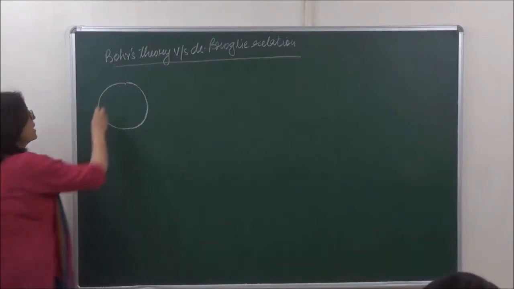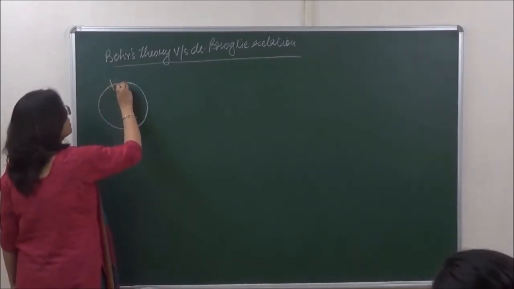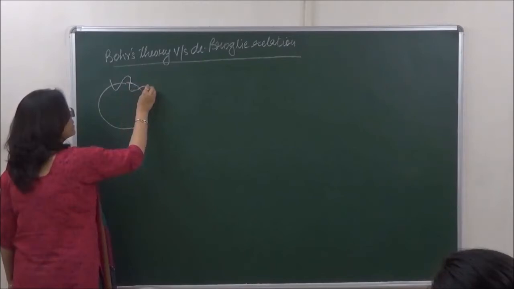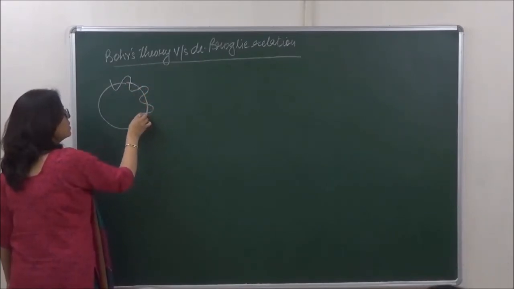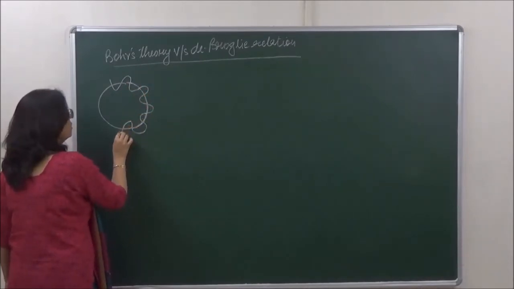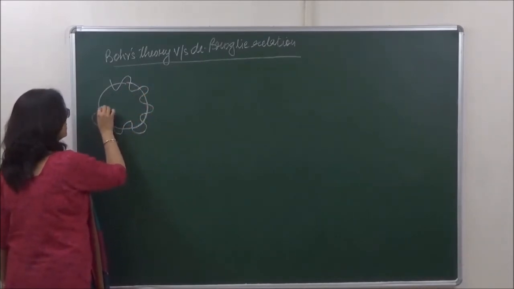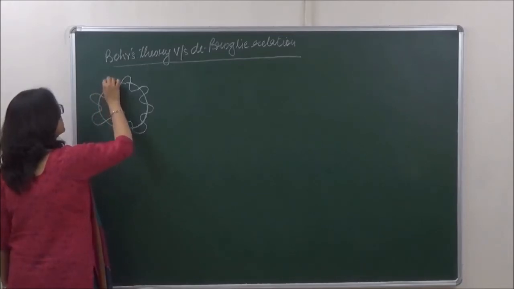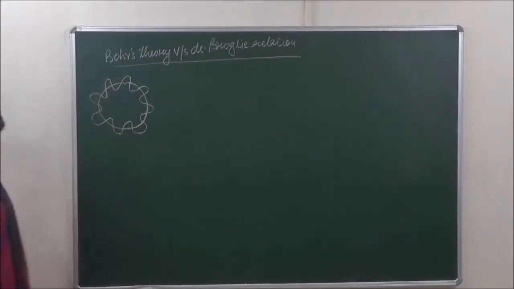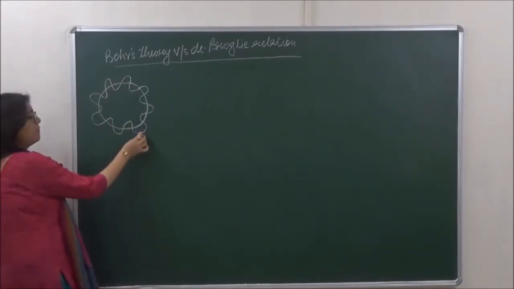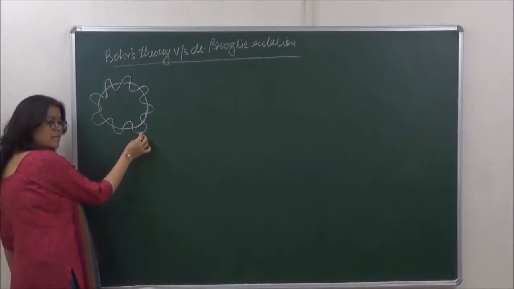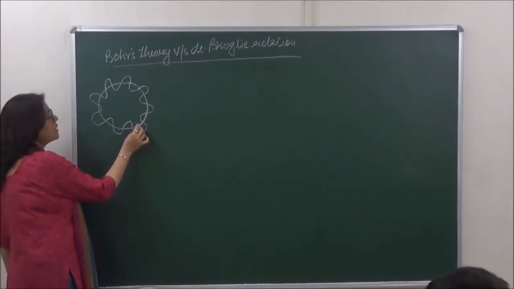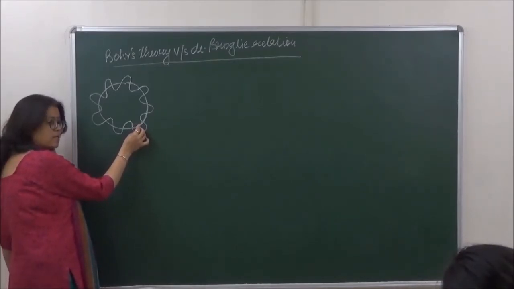So when it is behaving as a wave, it will obviously have troughs and crests. Okay, so according to de Broglie, the path of the electron is described in this manner, and according to Bohr, it is described in this manner.